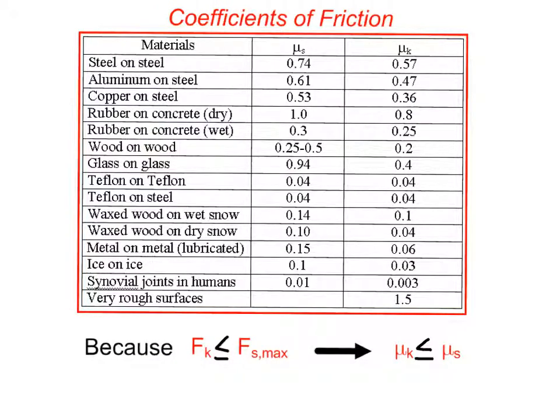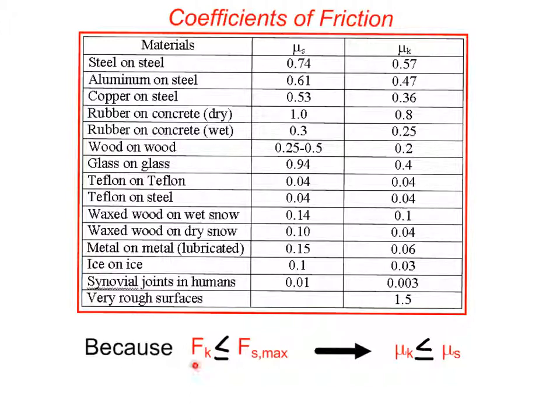So here are some examples of different materials that, when they are sliding past each other, these are their coefficients of friction: their coefficients of kinetic friction for when they're sliding past each other, and the coefficient of static friction.